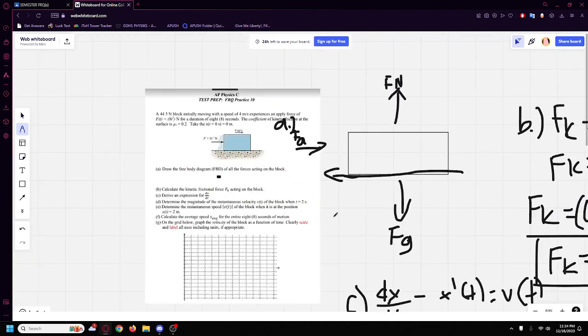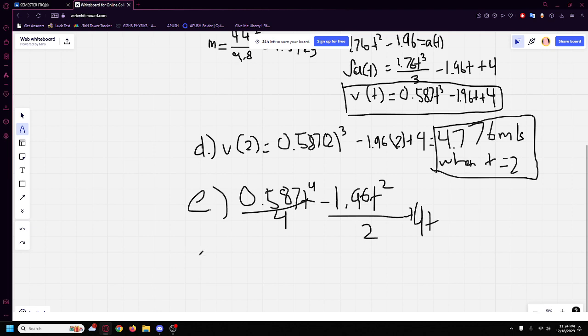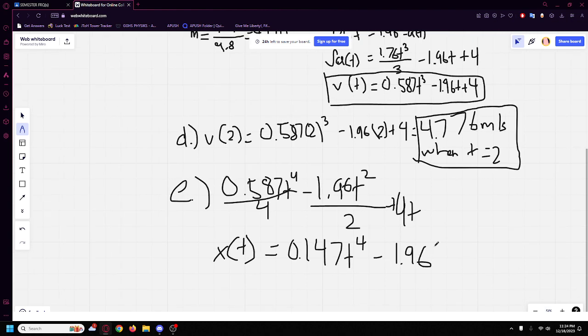C is 0 because x of t at 0 is 0 meters. So x of t is equal to about 0.147 t to the fourth minus 0.98 t squared plus 4t.